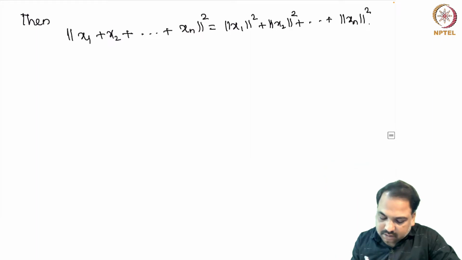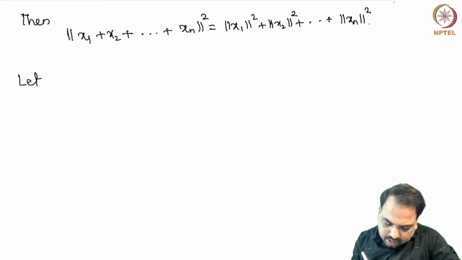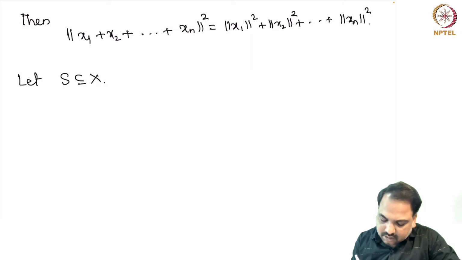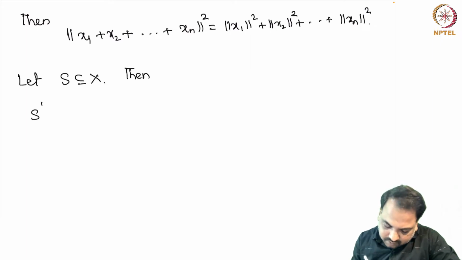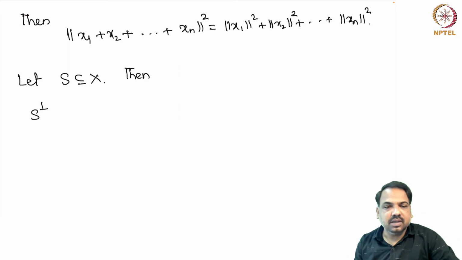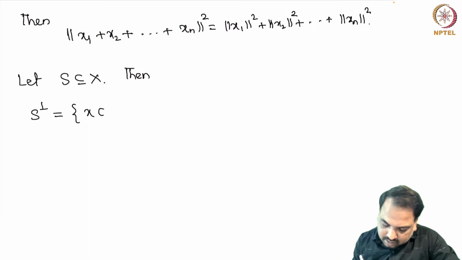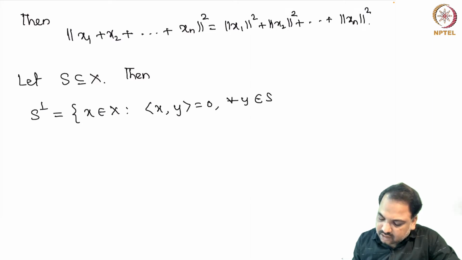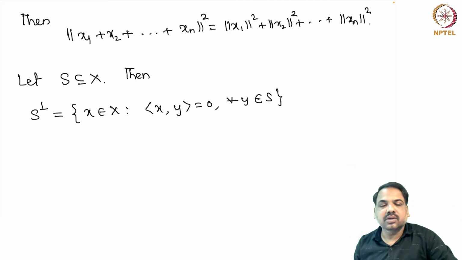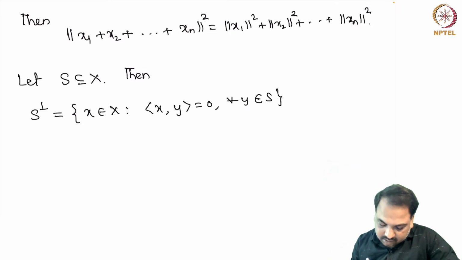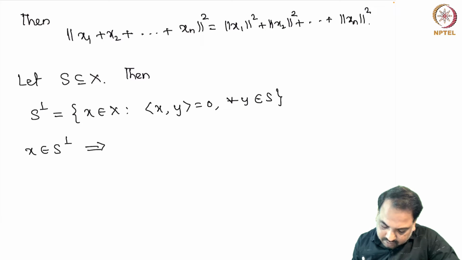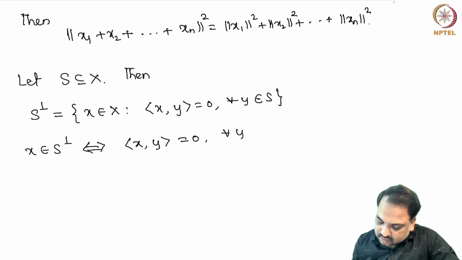So let us take S to be a subset of X. Then we define S perp, or the orthogonal complement of S in X, as follows: the set of all x in X such that the inner product of x with y is 0 for every y in S. That means all those vectors x in X which are orthogonal to every vector in S. So that means x is in S perp if and only if x is orthogonal to y for every y in S.